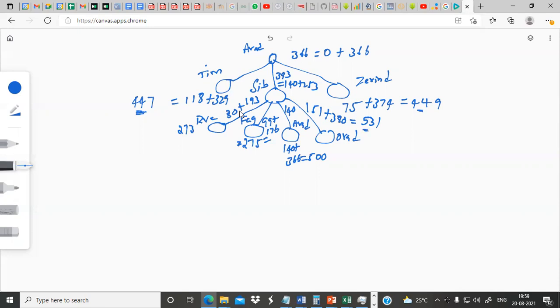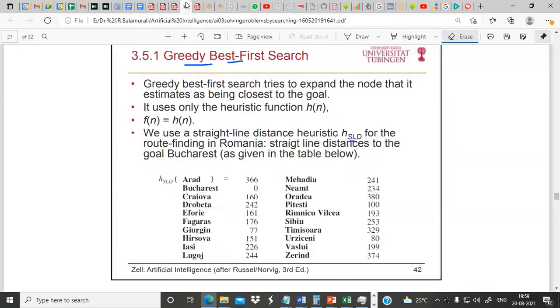Varadia, what is the cost? 531. This is 500. This is 275. This is 273. So we are going to take the path of Ruminseville CA, right? Out of all the unexplored nodes, you have to take the minimum path node. You have to be careful here. It's not only these nodes. From all the unexplored nodes, we have to find the minimum.